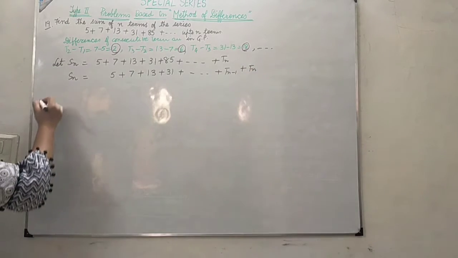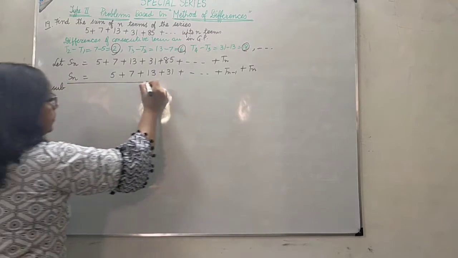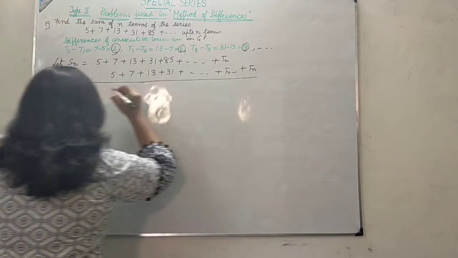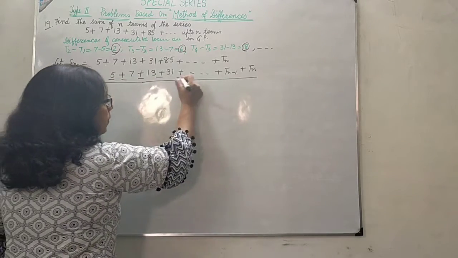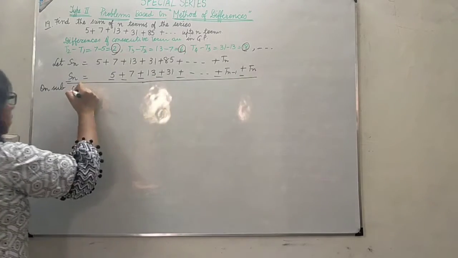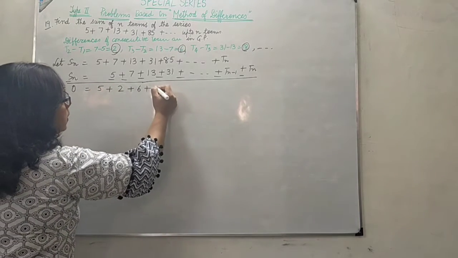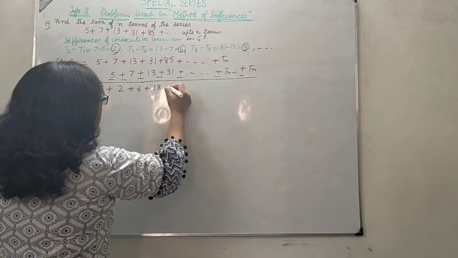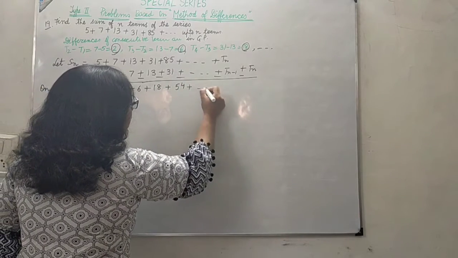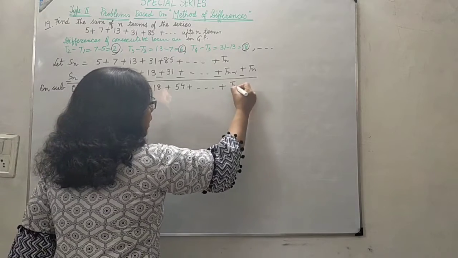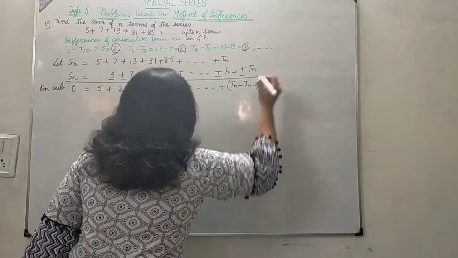Now if I shift one term, then on subtracting, all these signs will be changed. This is 0, this is 5 plus 2 plus 6 plus 18 plus 54 and so on, and here Tn minus 1 minus Tn.